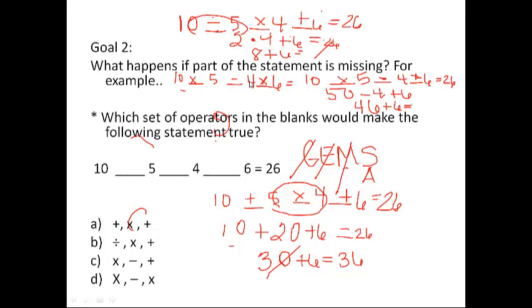Multiplication and division come first, so I've got to do this one first. 50, subtract 4, multiplied by 6. Then 4 times 6 is 24. I'm doing this because multiplication comes first. And then it leaves you with 50 minus 24, which is 26. We have our final answer.